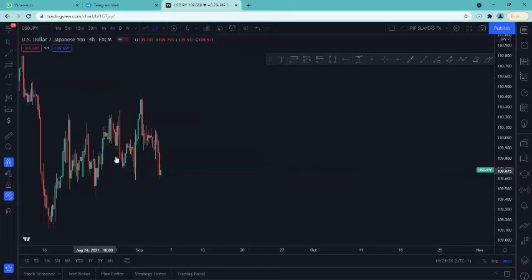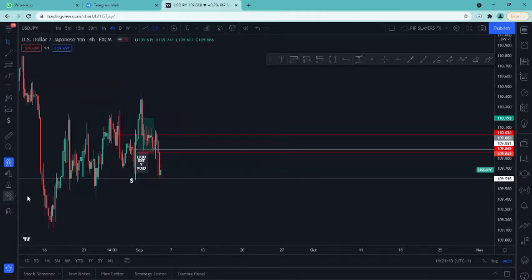So we are still bullish and there's been another break in market structure. I anticipated a break of this structure. So what do we have here? Structure has been broken, anticipating a retracement.